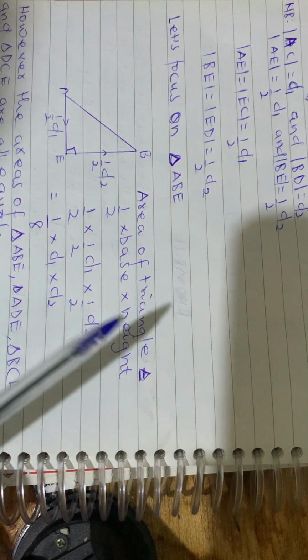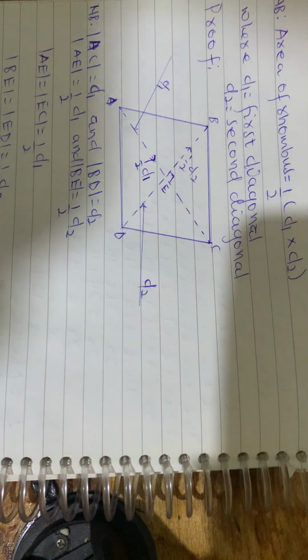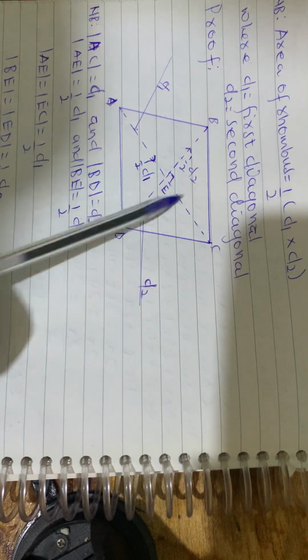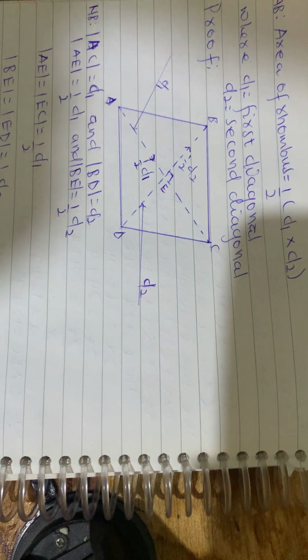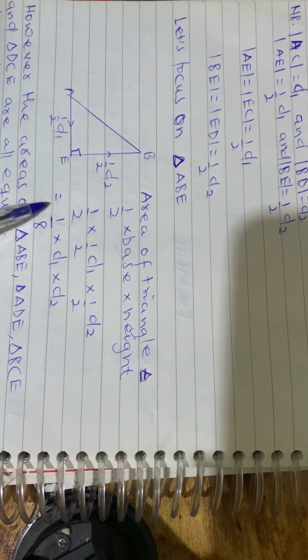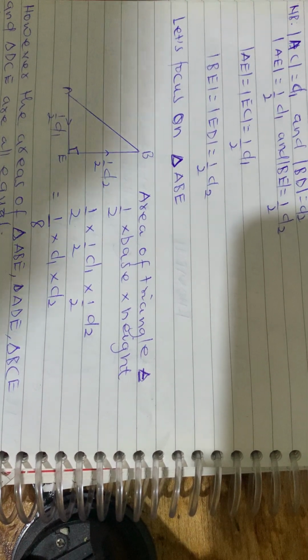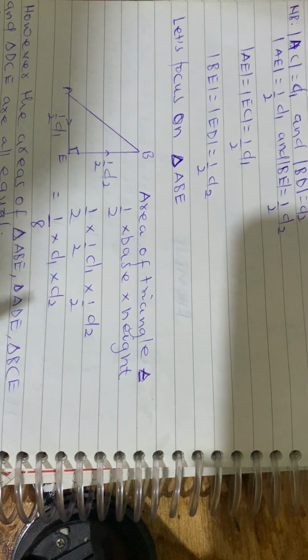So if I want to calculate the area of the rhombus, I must know the area of these 4 triangles, and they're all the same. How many triangles do I have? 1, 2, 3, 4. So since they're the same, I have to multiply this by 4 to get the total area of the rhombus.